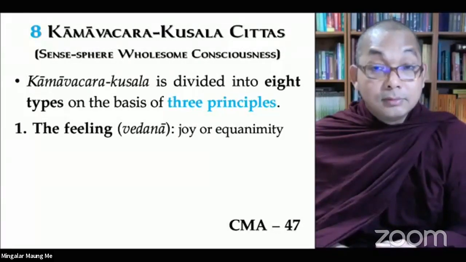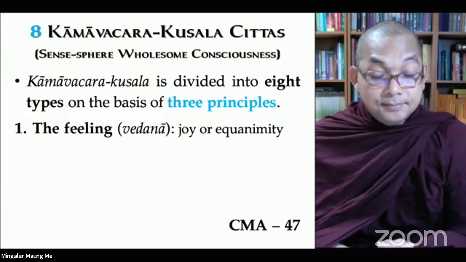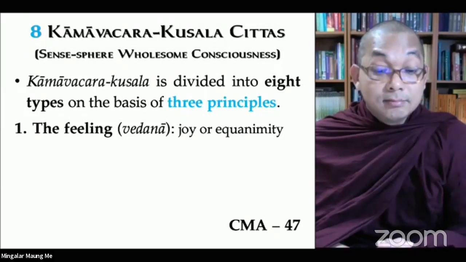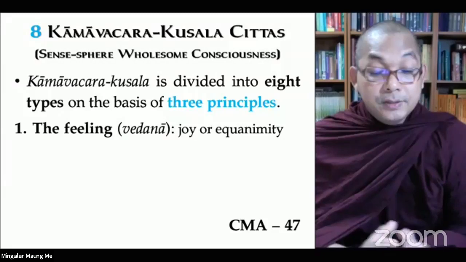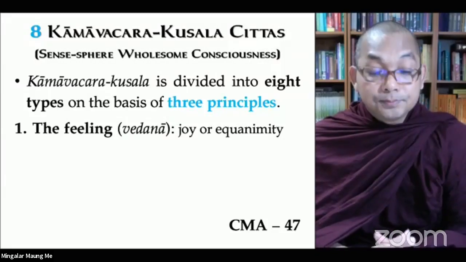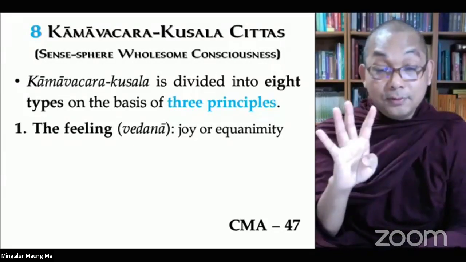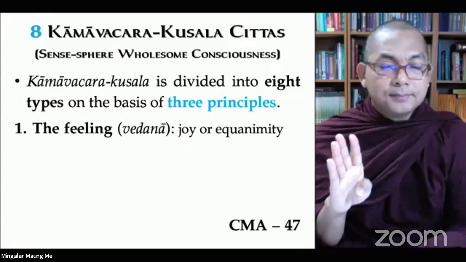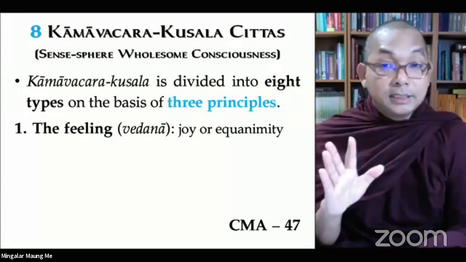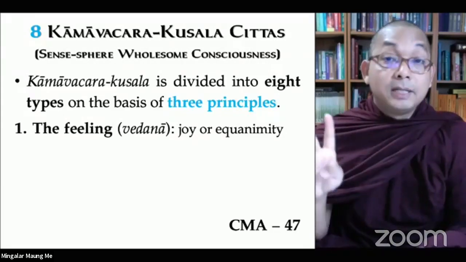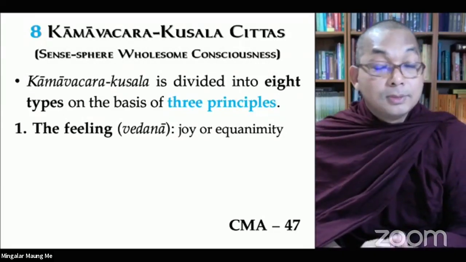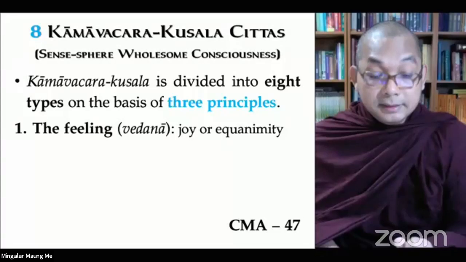If you don't experience any exciting, joyous feeling, then equanimity. So here, actually, it's only two. We have 4 kusala chaitas accompanied by joy, and another 4 accompanied by equanimity. Not difficult, easy.